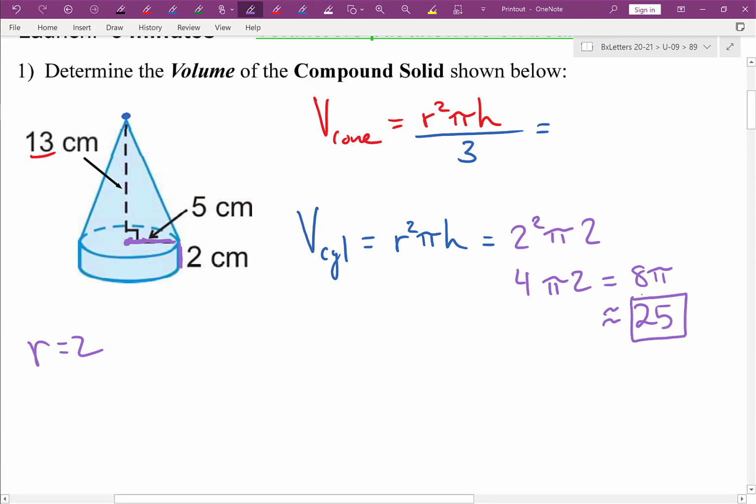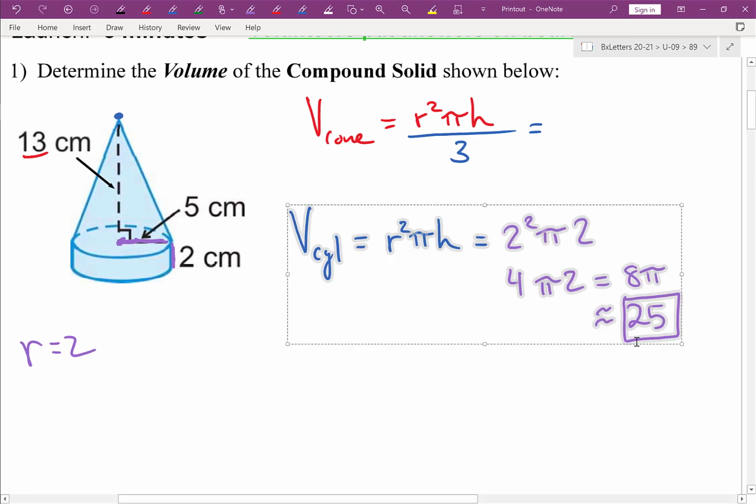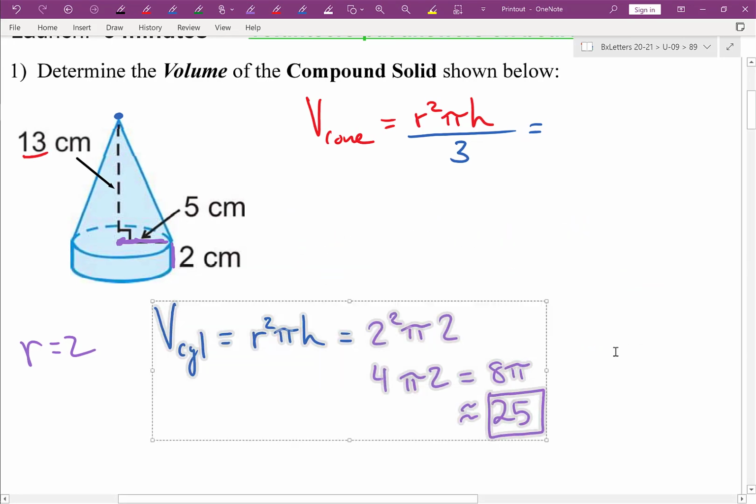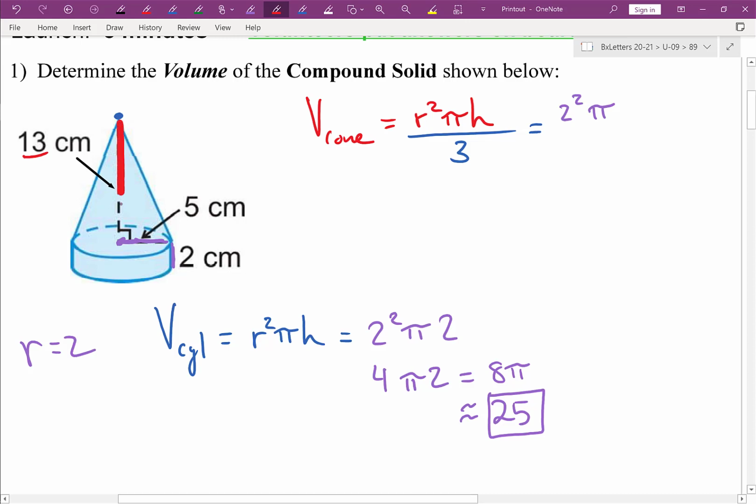All right, now for the cone, let me move this math out of the way. Let's do the cone. Well, as we already figured out, the cone has a radius of 2. The height, right? This is the important part. The height, which makes the right angle, it's in the middle, it goes straight up and down. That's 13. All right, and then we won't forget to divide by 3.